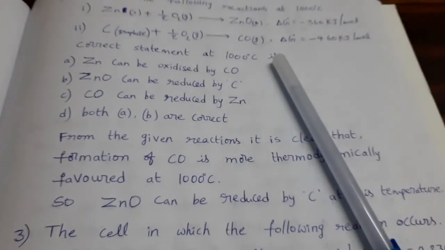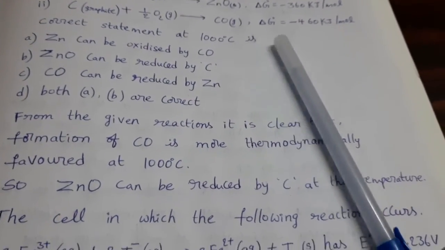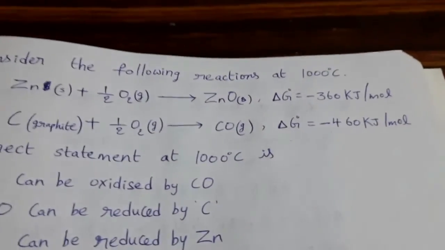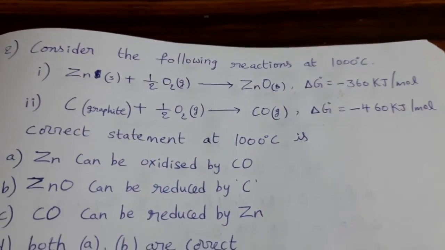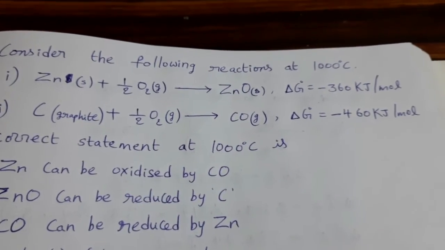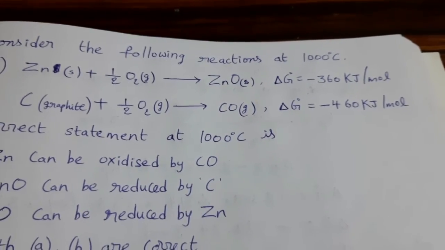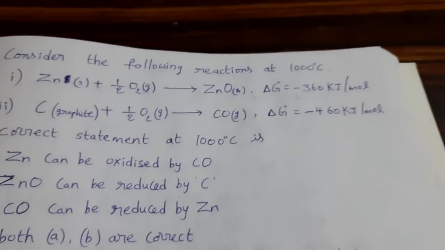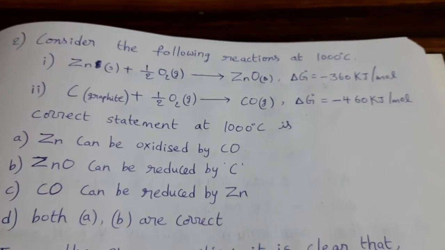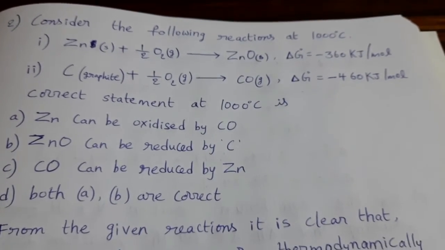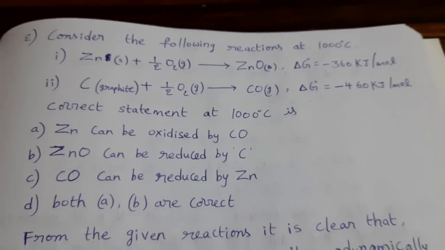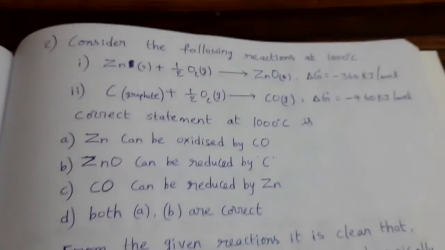So formation of CO is more favorable based upon the thermodynamical conditions. That means ZnO can be reduced by carbon at this temperature. How can we get CO? Zinc oxide is treated with carbon, then we can get CO. Here CO formation is thermodynamically favorable, means zinc oxide treated with carbon to form CO. So ZnO plus C means zinc oxide is reduced to zinc.